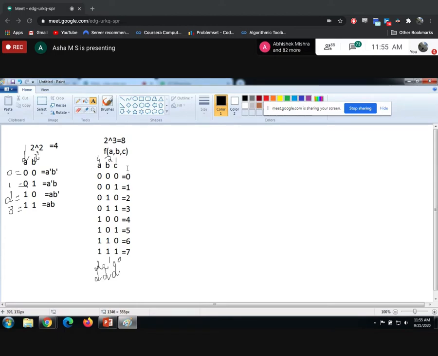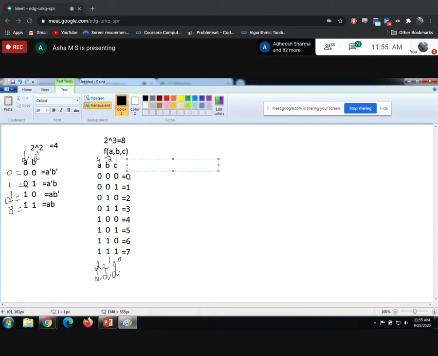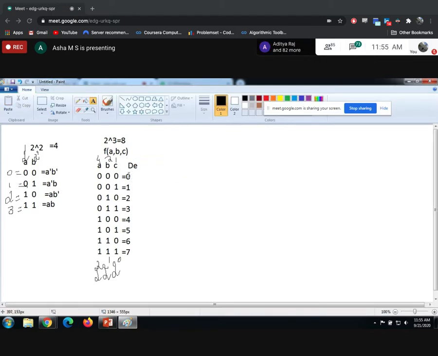If it is a decimal number, I'm going to represent it in decimal. If it is decimal 0, all the 3 bits will be 0. If it is decimal 1, only the C bit represents 1, so it should be 1, and the remaining will all be 0.